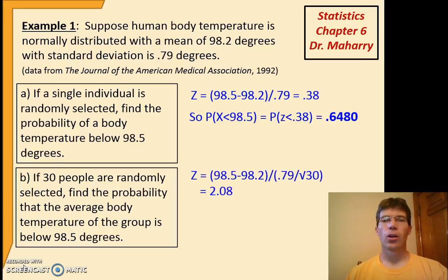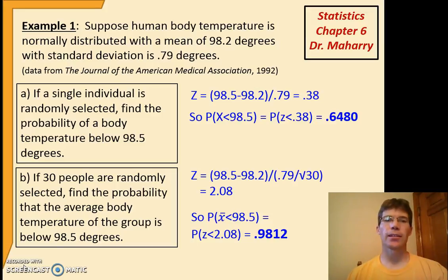Similar idea, only here I'm talking about an X bar value. So notice my standard error is not just sigma, but sigma over the square root of n. So I take that 0.79 divided by the square root of 30. When I look that up in the table, I get 0.9812, where the probability that X bar, the average of this group, is less than 98.5 is 0.9812.